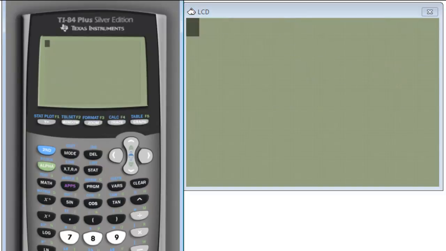So we are going to calculate the quantity 3,200 divided by e to the power of 0.03 multiplied by 3.